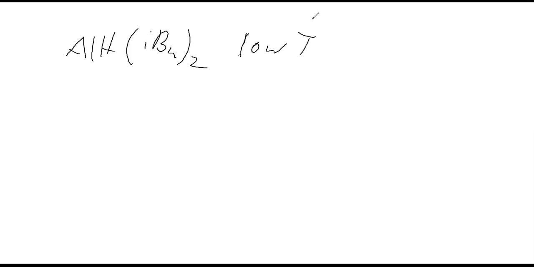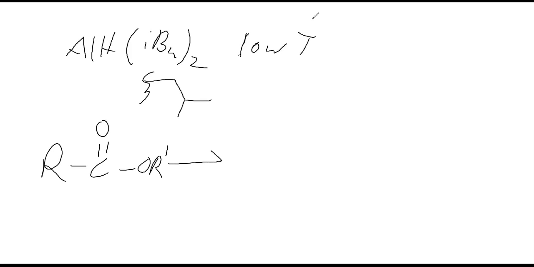Where isobutyl would be 1, 2, 3, 4. So from this way, we can go from an ester to an aldehyde at very low temperatures, minus 78 degrees C, with the aluminum hydride.